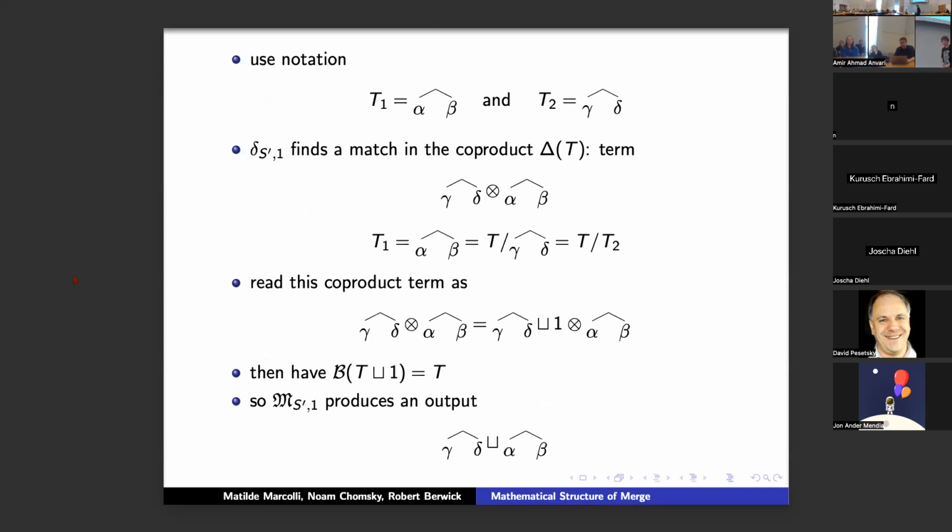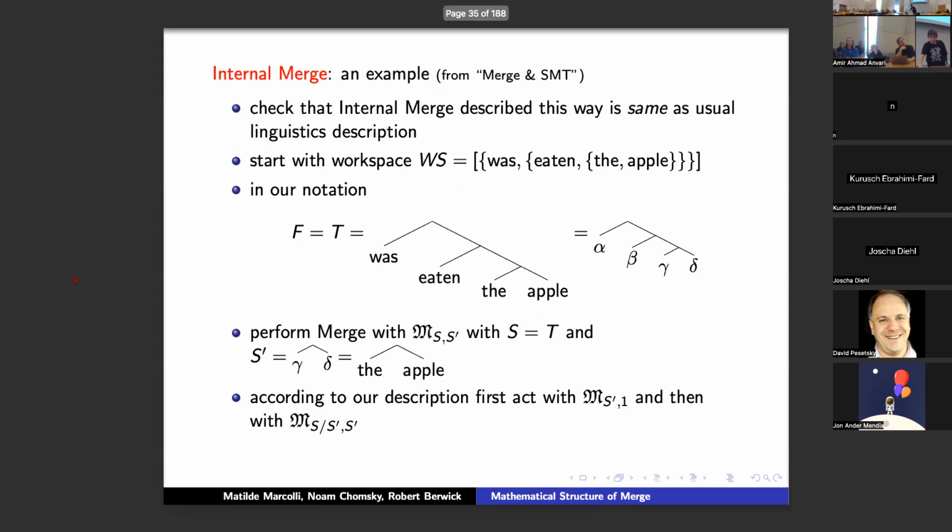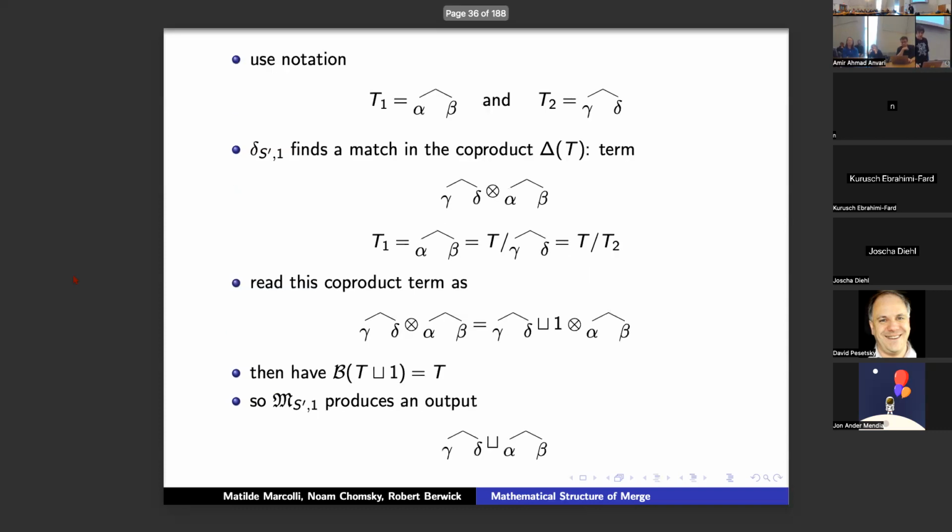So let me just fix the notation. When I take the coproduct, I'm not going to write out all the terms, but when I take the coproduct of these three and look for terms that match the ones that I want, I end up with a term like this, which is the term that I want to extract, and the rest.